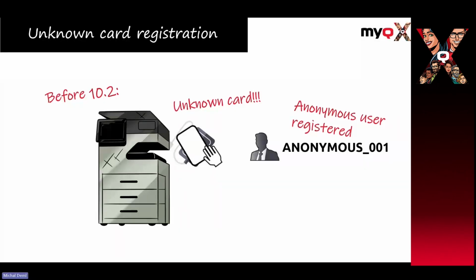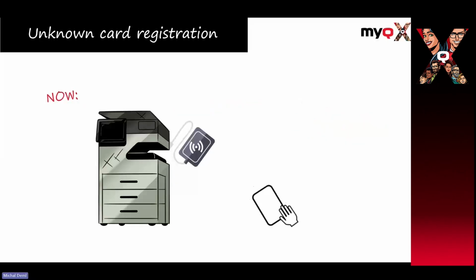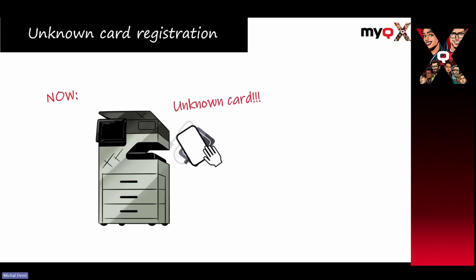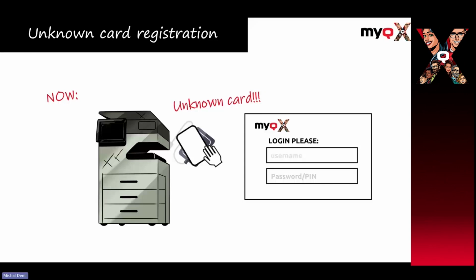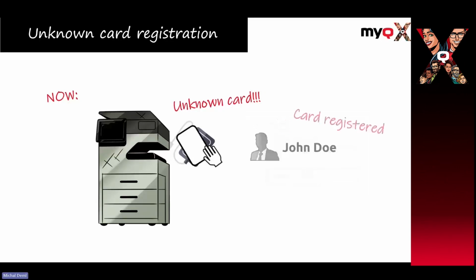Nice feature, but it needed an enhancement. That enhancement appeared as part of 10.2: the ability to not only create an anonymous account, but through this process ask the user to provide their credentials and register the card under their account. So if you come with an unknown card and this functionality is active, instead of creating an anonymous account, the system will ask you to provide your credentials to the account which is already in the system, and then the card will end up registered on your account.